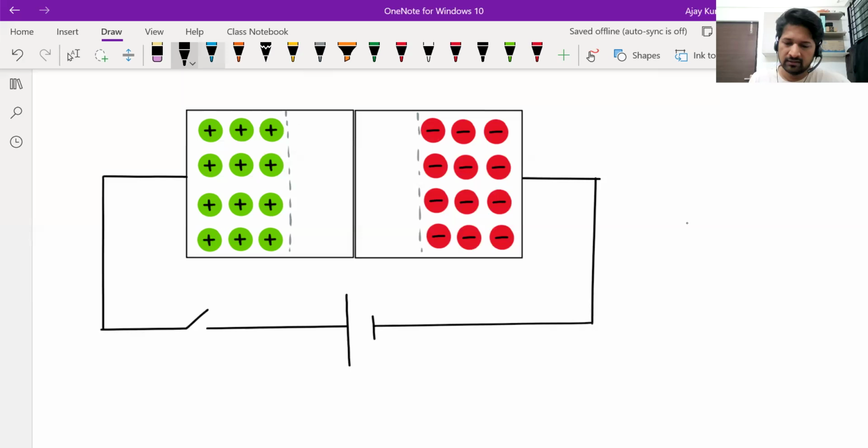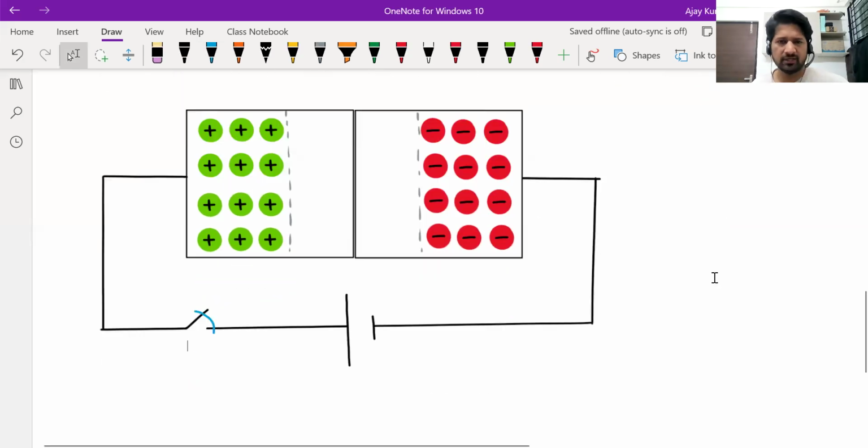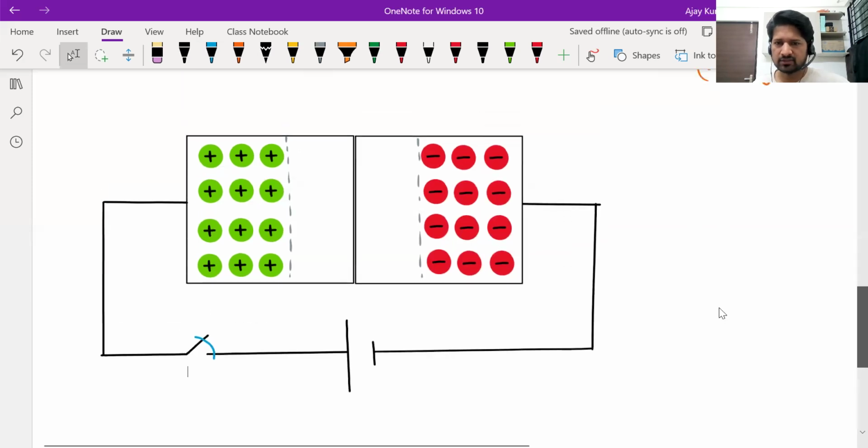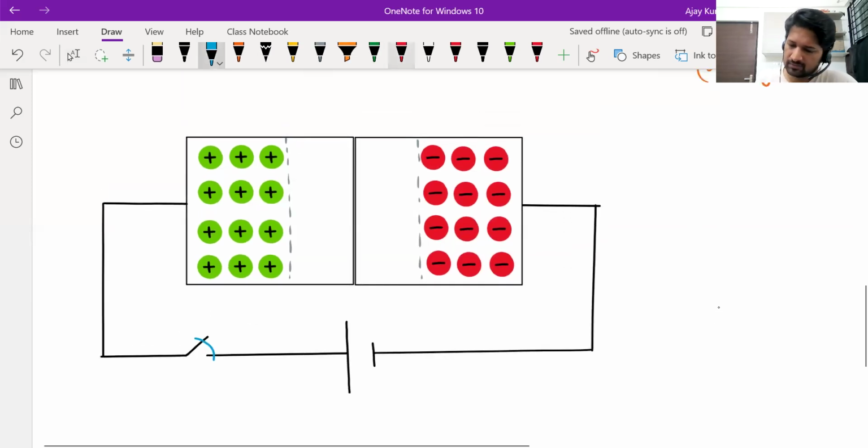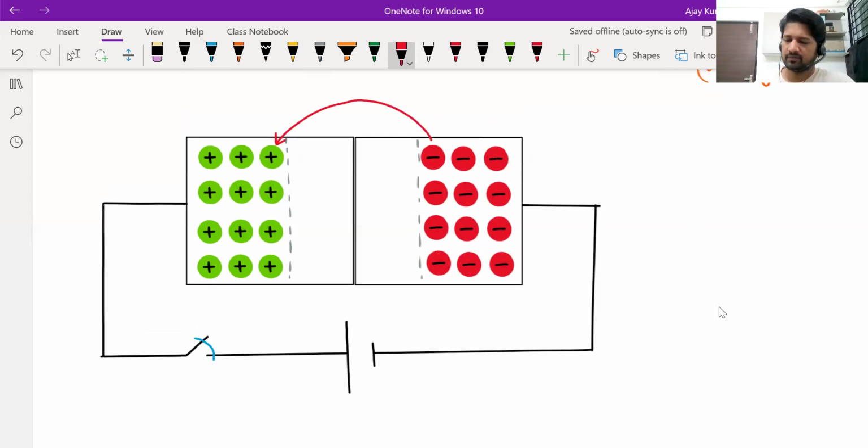When you close this switch, you're making the junction forward biased. And in forward bias, what will happen? The depletion region will become narrow. Diffusion process will dominate. What happens in diffusion process? Electrons go from N side to P side, and holes diffuse from P side to N side.